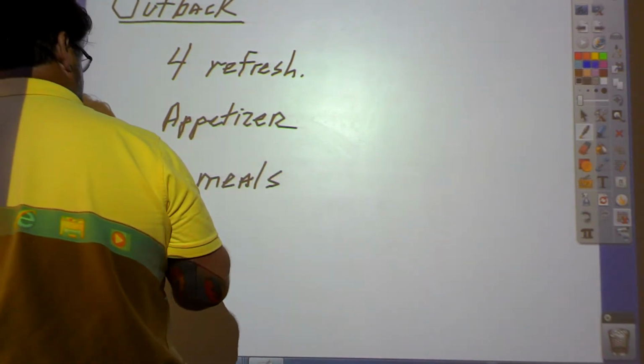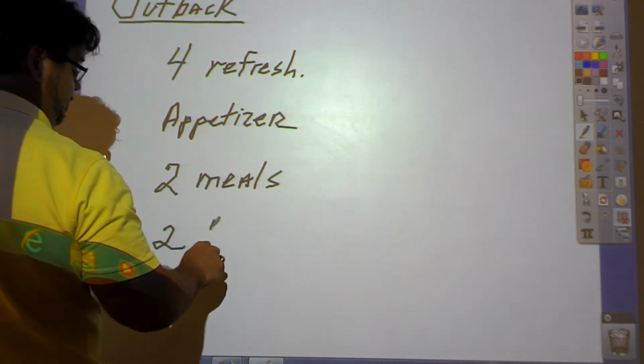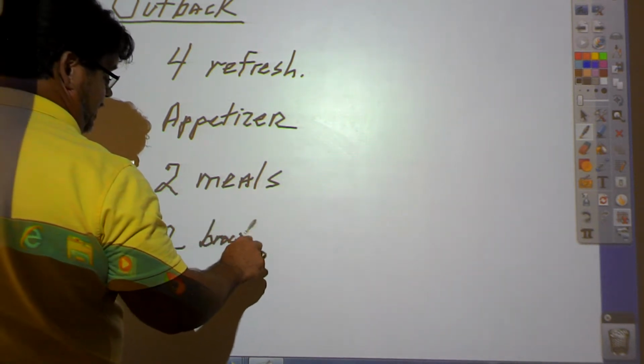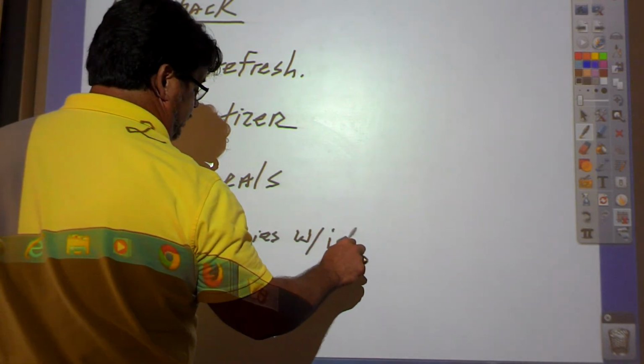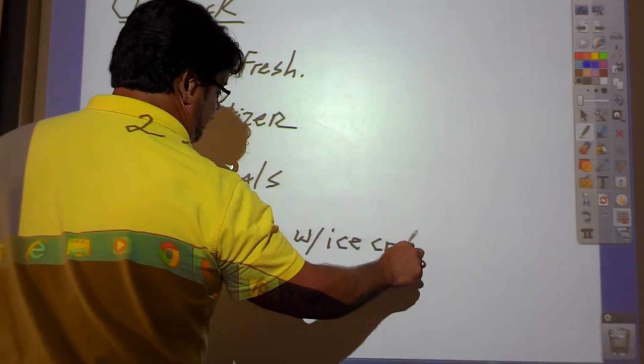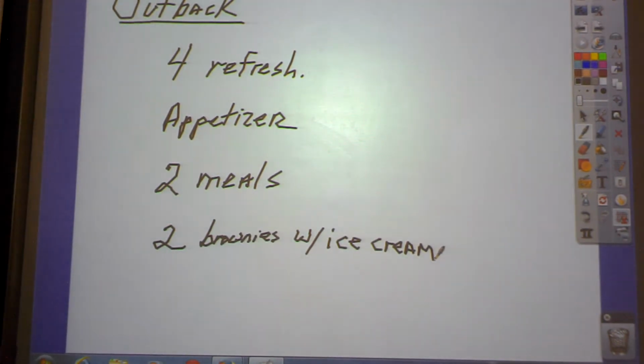And 2 of those brownies with ice cream. Okay? So that's what we get.